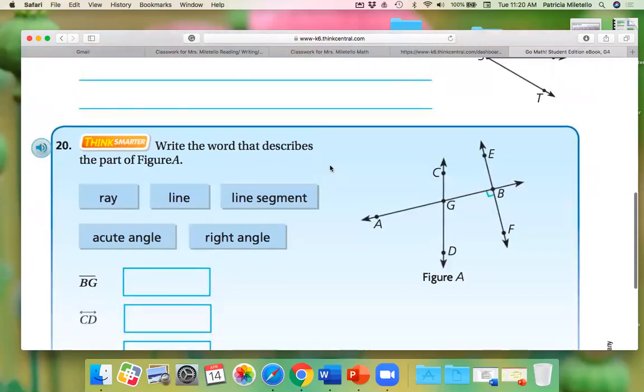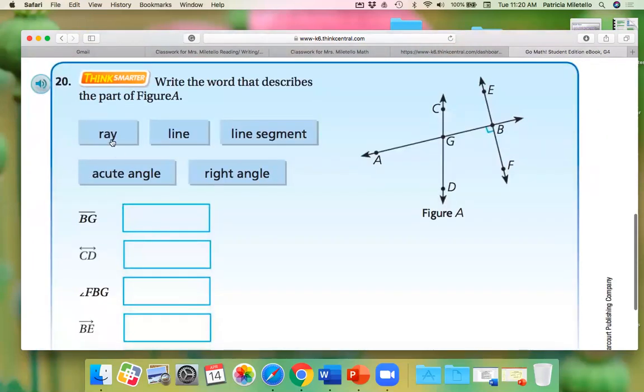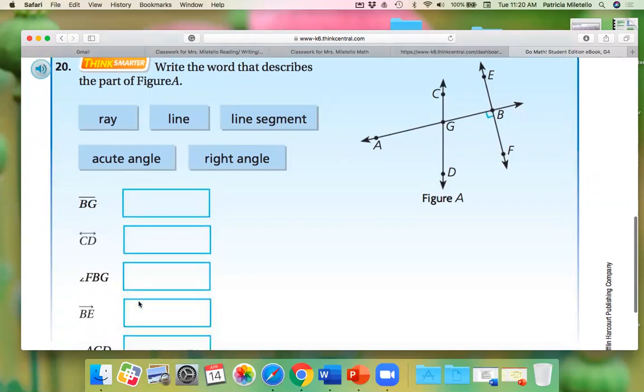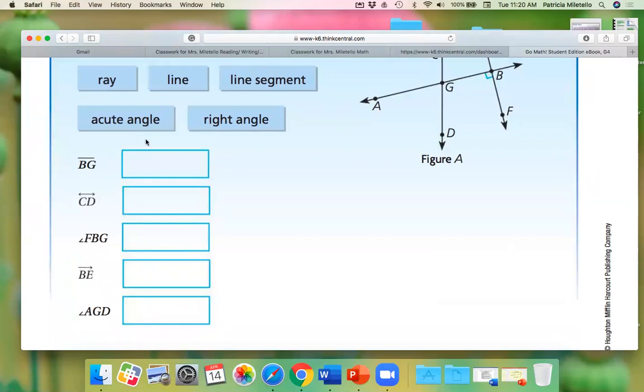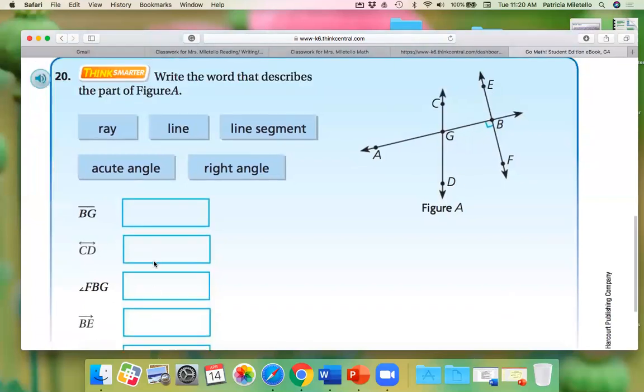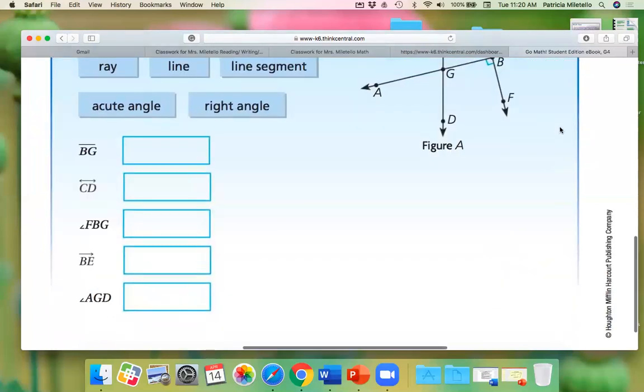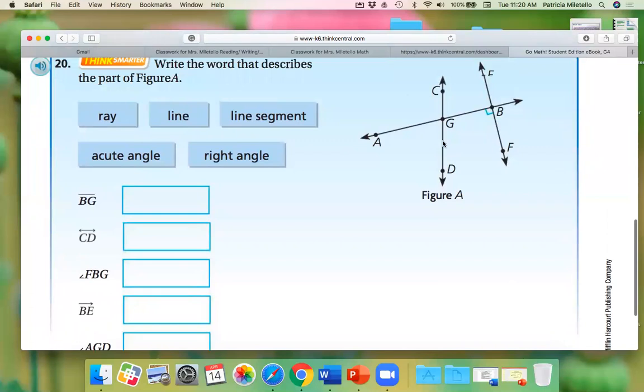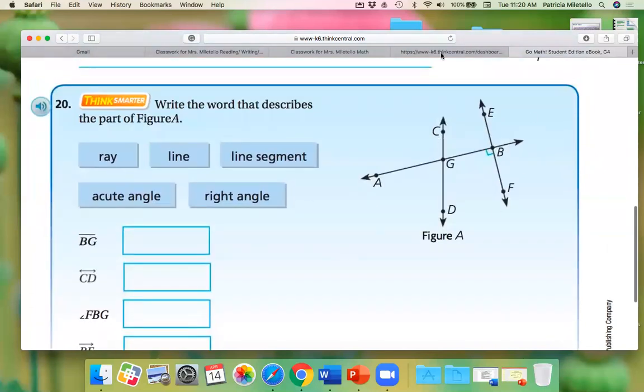And then for number 20, you are putting one of these 5 words in the space, and there are 5 spaces here. So each one is used only one time for each one of these blue boxes. And the figure that they're referring to is this picture right here of the intersecting lines and rays and angles that you're going to be using.